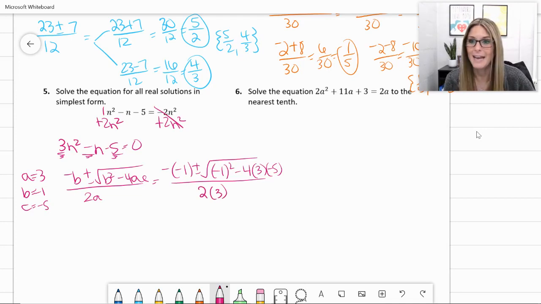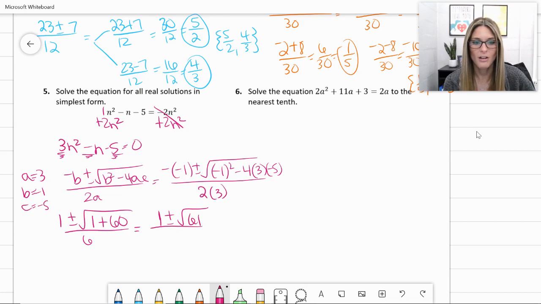Our negative negative 1 is now positive 1 plus or minus the square root of negative 1 squared, which is positive 1. Then we have a negative 4 times 3 times negative 5. That is going to multiply and give us positive, or plus, 60. All divided by 2 times 3, which is 6. Cleaning that up, in the radical, we've got 1 plus or minus the square root of 61, all over 6.